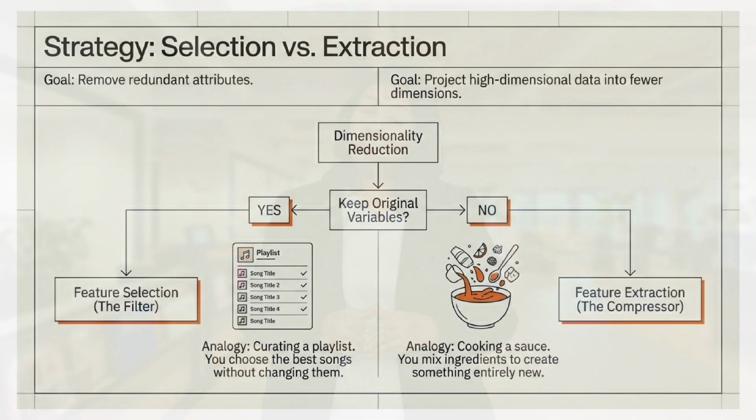When working with high-dimensional data, one critical decision we must make is how to reduce complexity. This brings us two important strategies: feature selection and feature extraction. Both fall under the broader concept of dimensionality reduction, but they serve different purposes. The key question to ask is, do we want to keep the original variables?